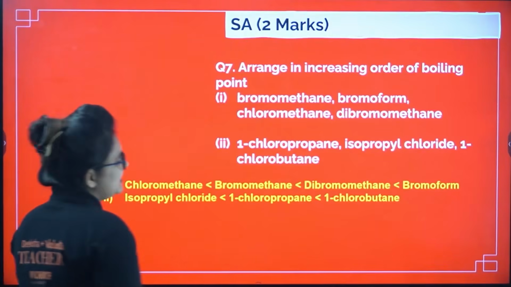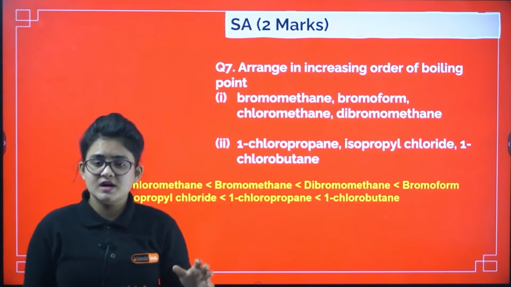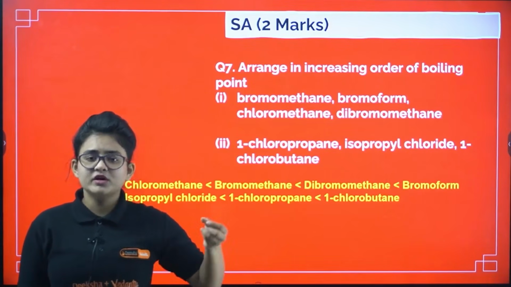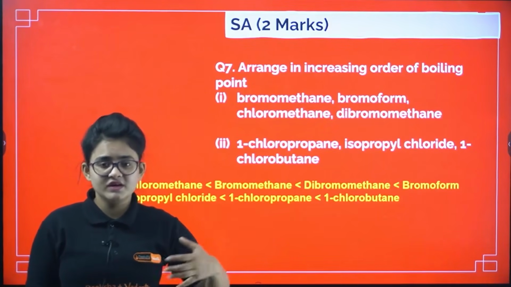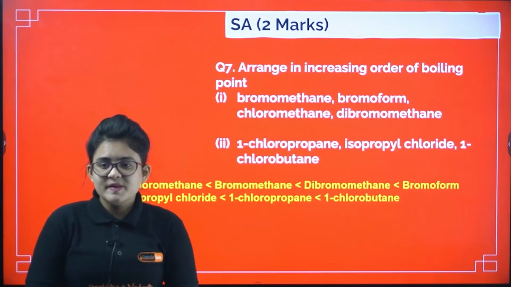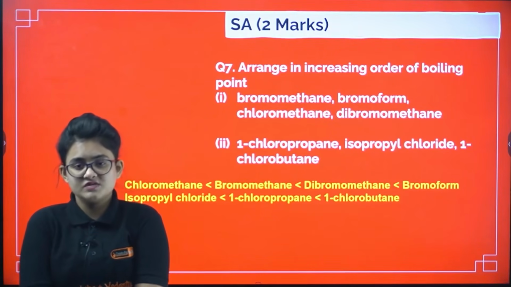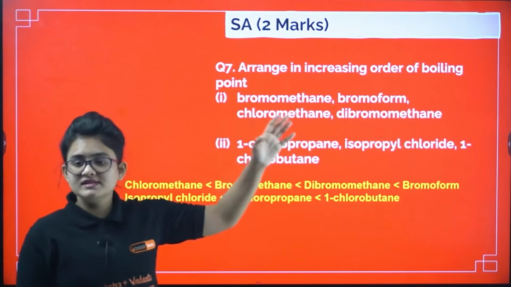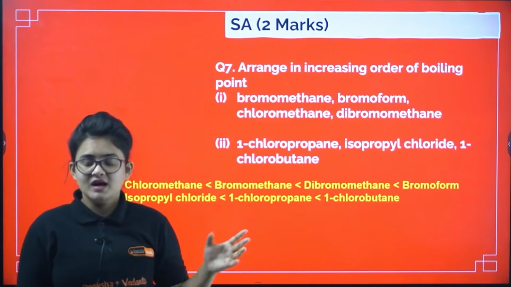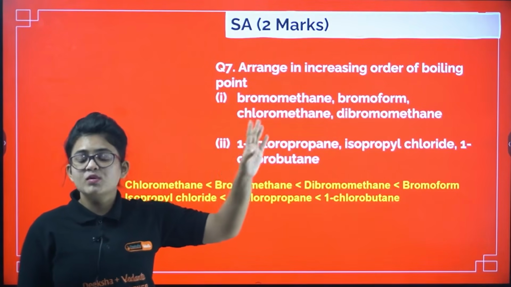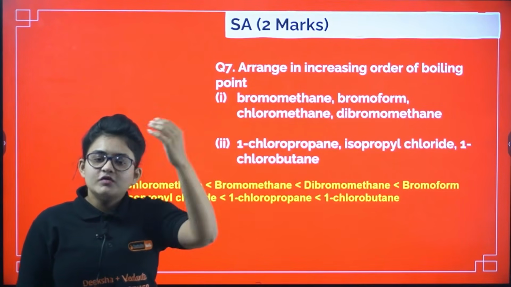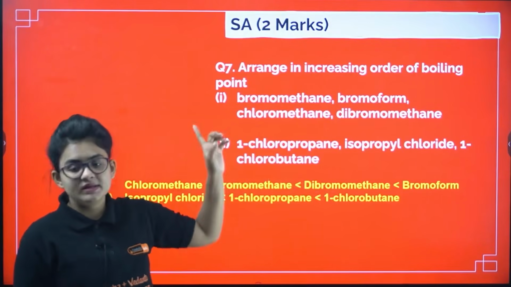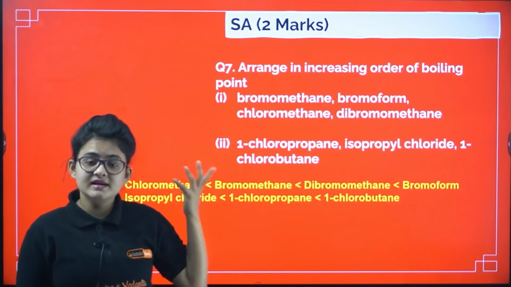Bromine is heavier than chlorine in molecular weight, so the boiling point is expected to be higher for bromine compounds. Bromoform has 3 bromines, then dibromomethane has 2 bromines, then bromomethane, a single bromine compound, and then the chlorine compound.